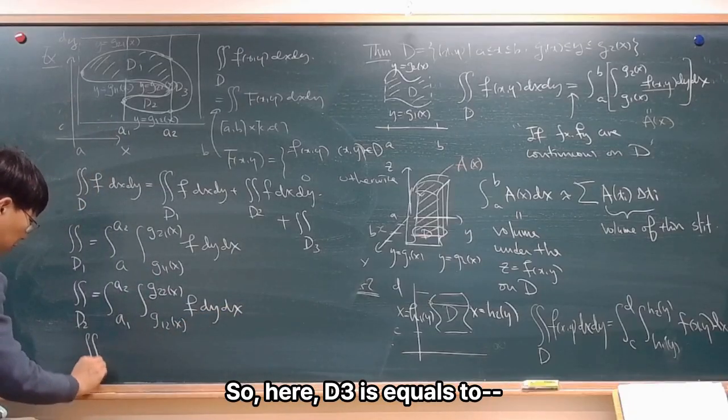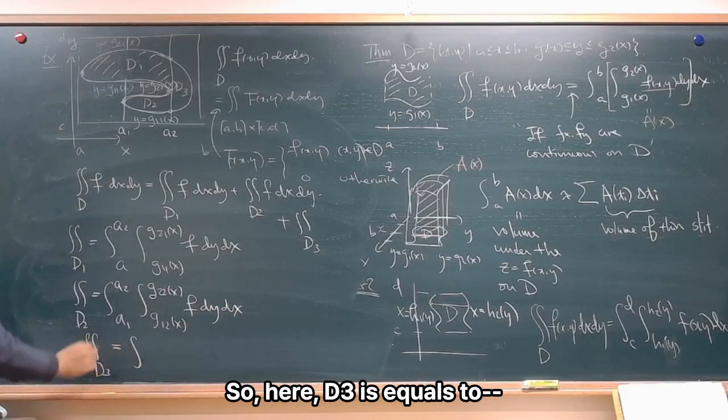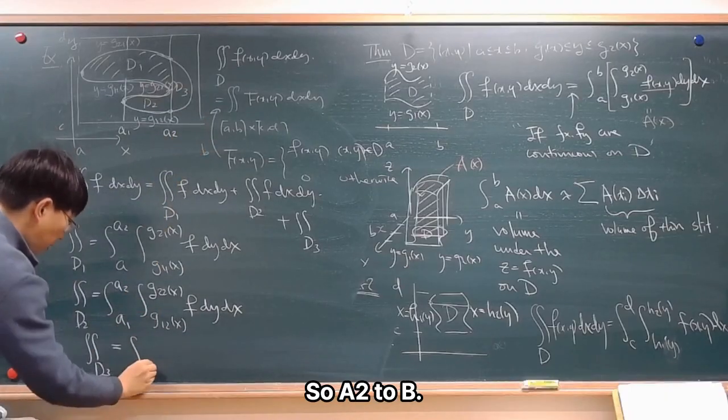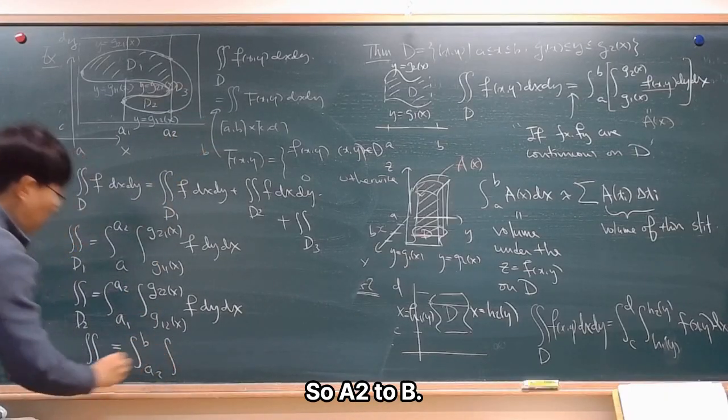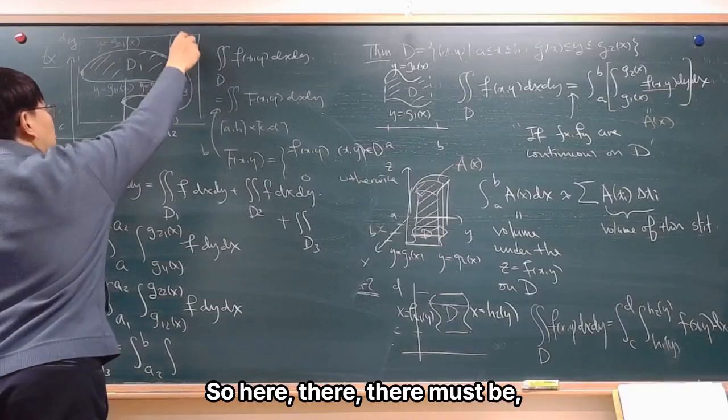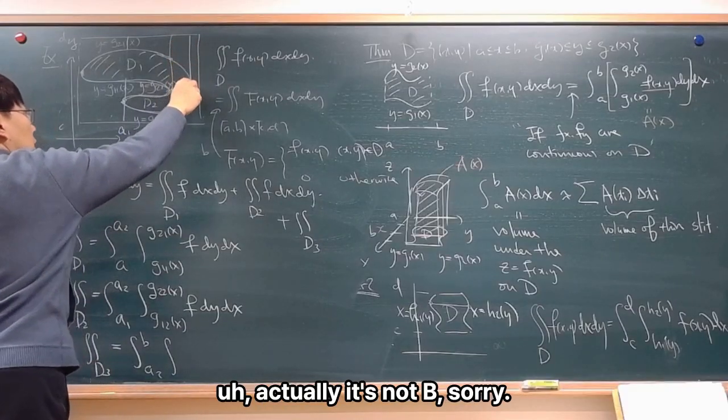Now let's get to the third part, D3. So we have x range from A2 to B, right? Actually it's not B, sorry.